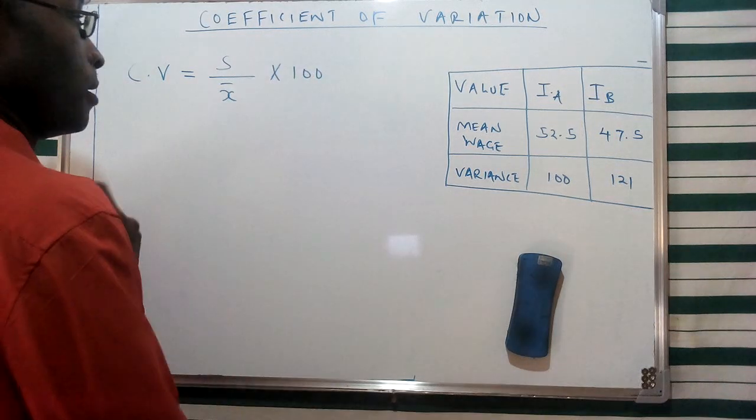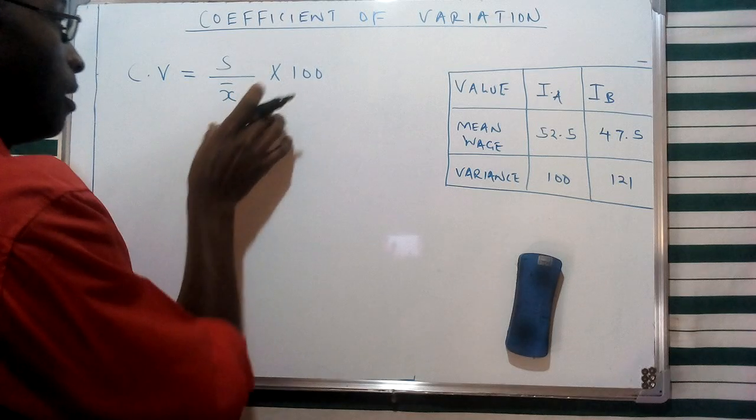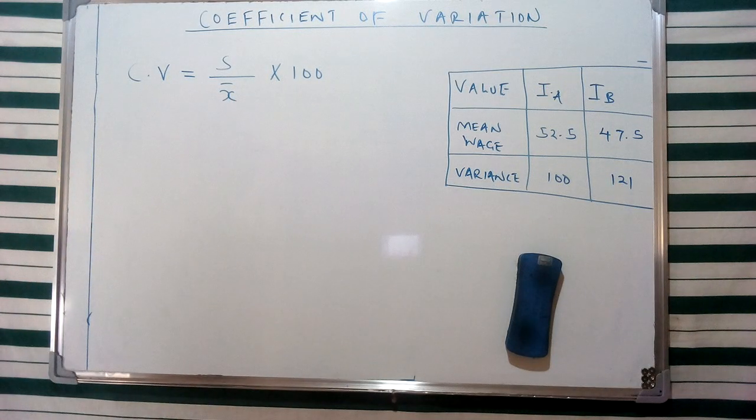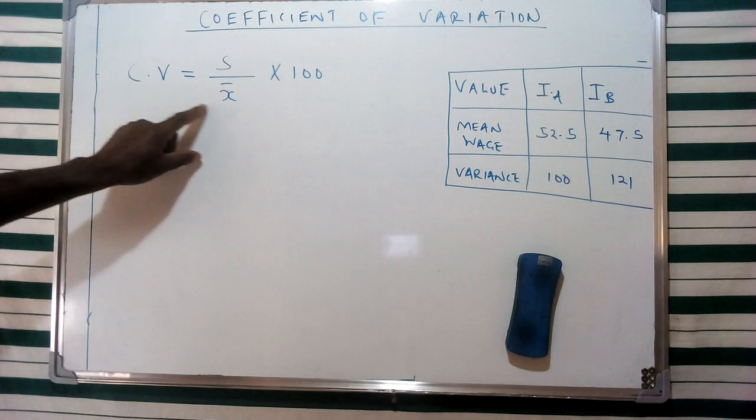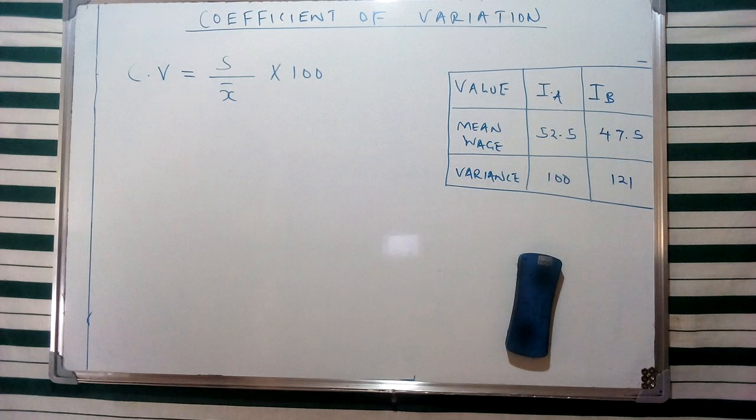So I've translated this statement into this representation, and therefore we're going to find the coefficient of variation from a specific set of data using this formula.